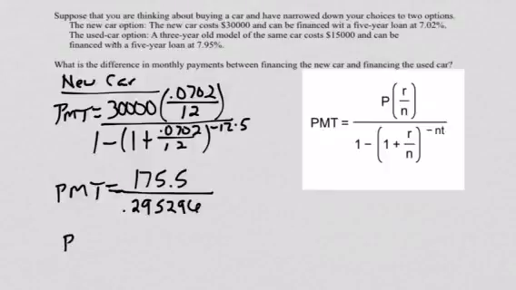And now divide those two numbers to get our monthly payment of $594.32. Okay, so that's your monthly payment for the new car. Okay, so now let's do it for the used car.